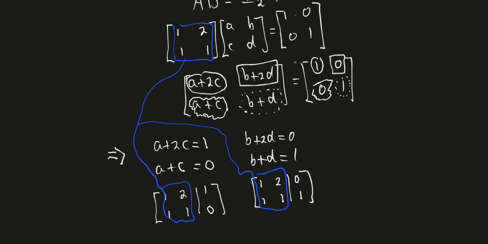So we went through the actual matrix multiplication, and we applied the property of what it means for matrices to be equal. But it seems like we did a lot when we really don't need to. It seems like whatever matrix we're trying to find the inverse of, it just ends up being the coefficients in these two systems. But then I think about how do we solve linear systems, right?